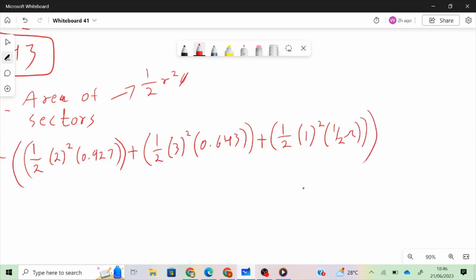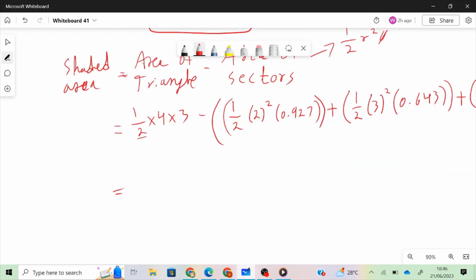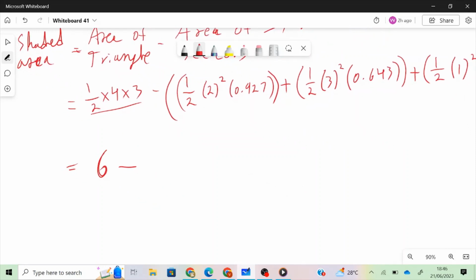And that is how you go about this. Half times 4 times 3, that's 12, divided by 2, that's 6, so 6 minus, if you do all of this separately and input this into a calculator, you get 6 minus 1.854 plus 2.8935 plus 1 over 4 pi.